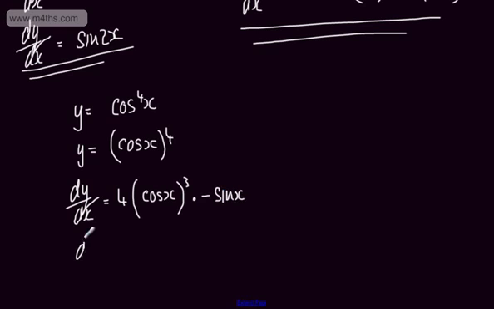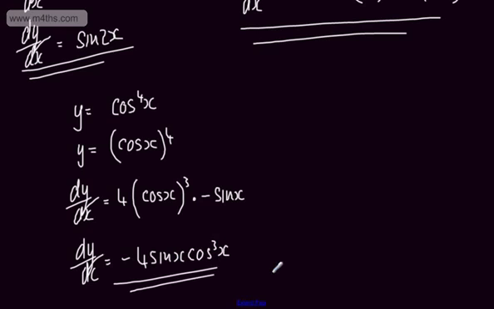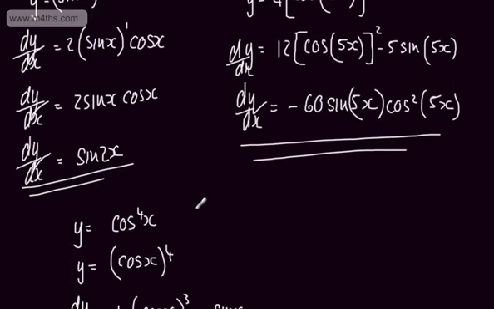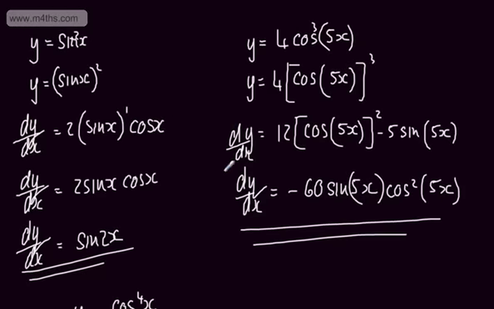So we end up with the derivative dy by dx as minus 4 sine x cos cubed x. And that is simply an application of the chain rule. So sometimes we're going to look at powers of sines and cosines, and it's simply going back to this idea of having a function of a function and applying the chain rule.